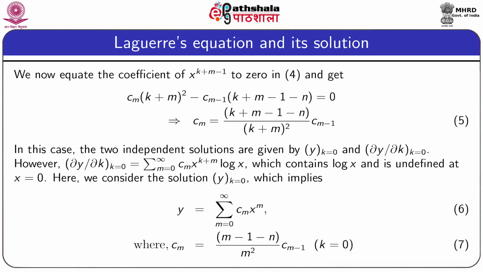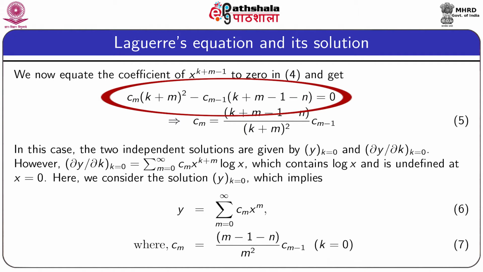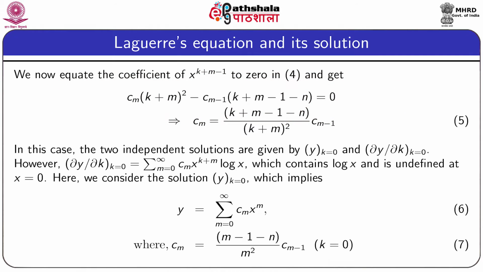We now equate the coefficient of x to the power k plus m minus 1 to 0 in equation 4, and we will get C m (k plus m) whole square minus C m minus 1 (k plus m minus 1 minus n) equal to 0, which after simplification gives C m equal to (k plus m minus 1 minus n) divided by (k plus m) whole square times C m minus 1, given by equation number 5.